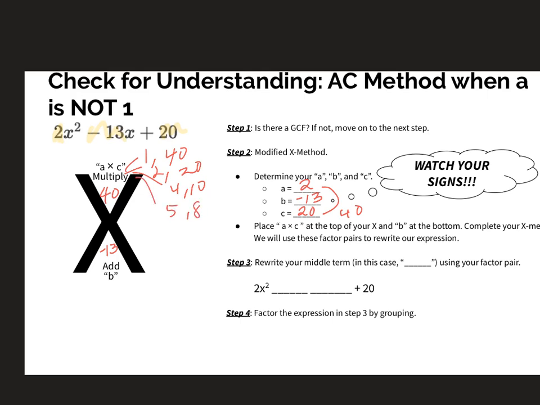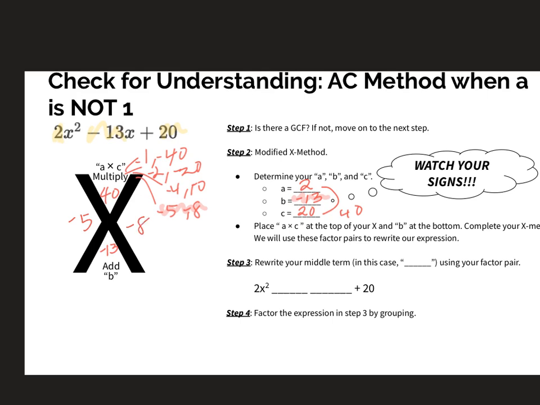The only one of these that will add up to 13 is going to be 5 and 8. That being said, our b is negative 13, and I know that a negative times a negative is going to give me a positive, so I'm going to change all these factor pairs to negative. And then finally, I know that negative 5 plus negative 8 is negative 13. So I found my factor pair. I'm just going to write that out. So I have negative 5, negative 8.